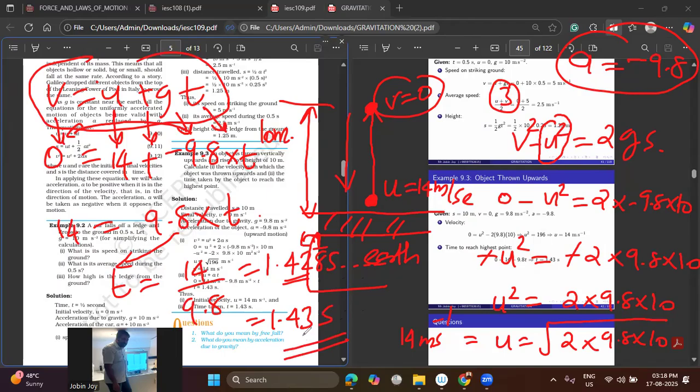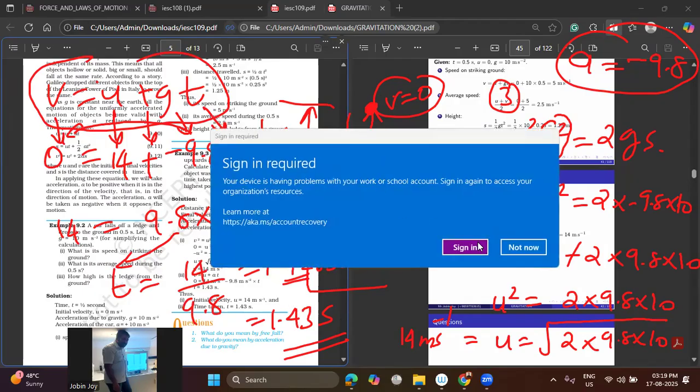So this much time is taken by the object to reach this height.